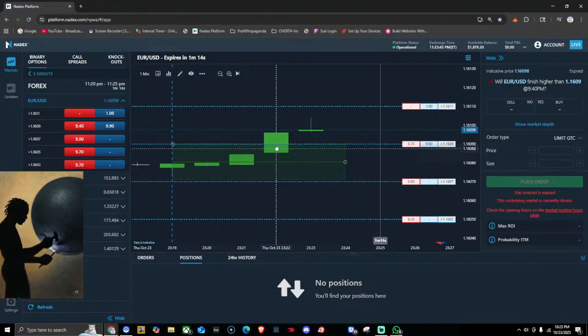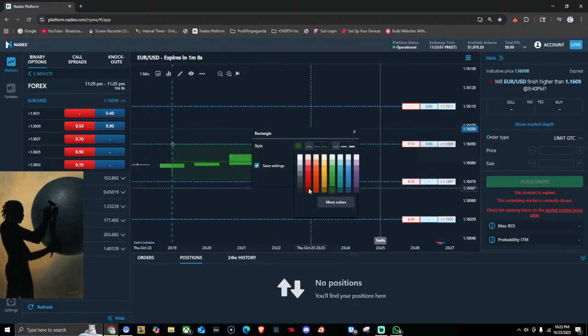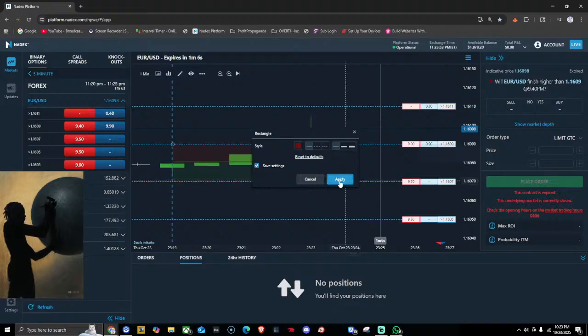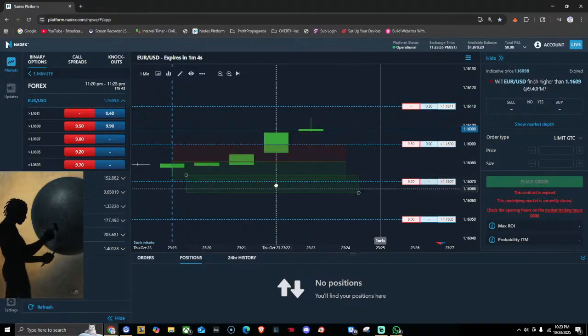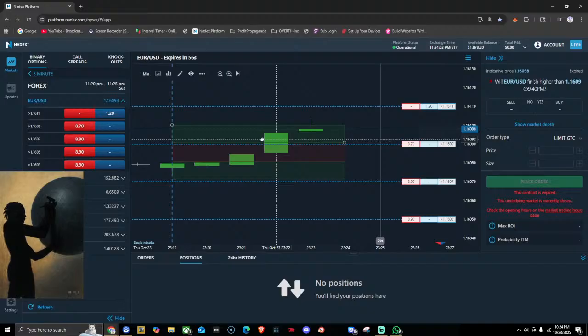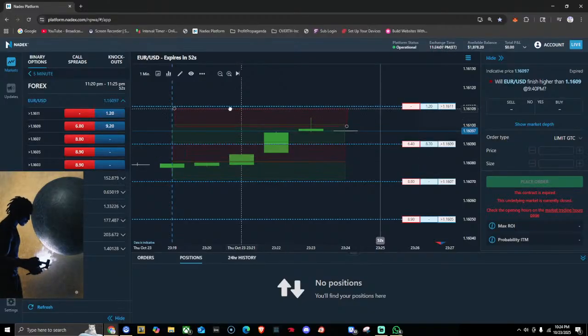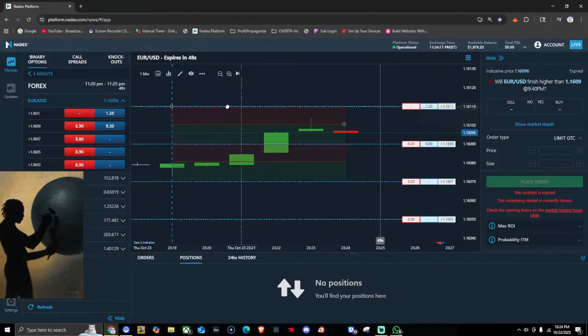There we go. Keep that green. Make this red. Boom. And then just mark it like that. And we can start our ObservAnalysis.